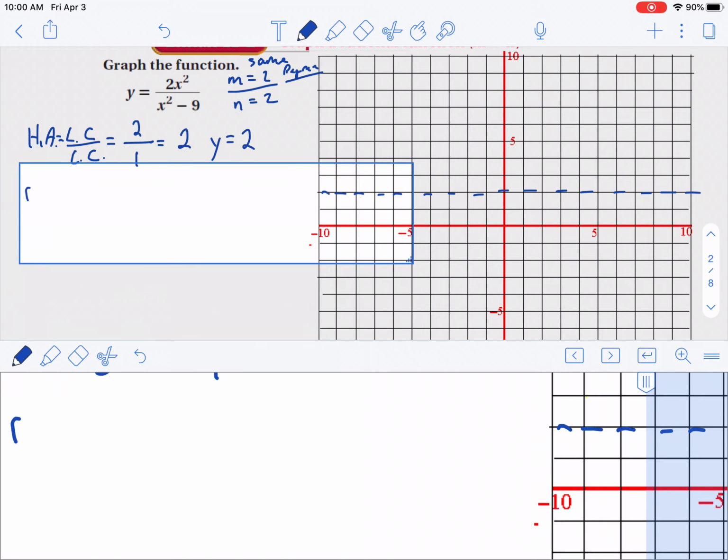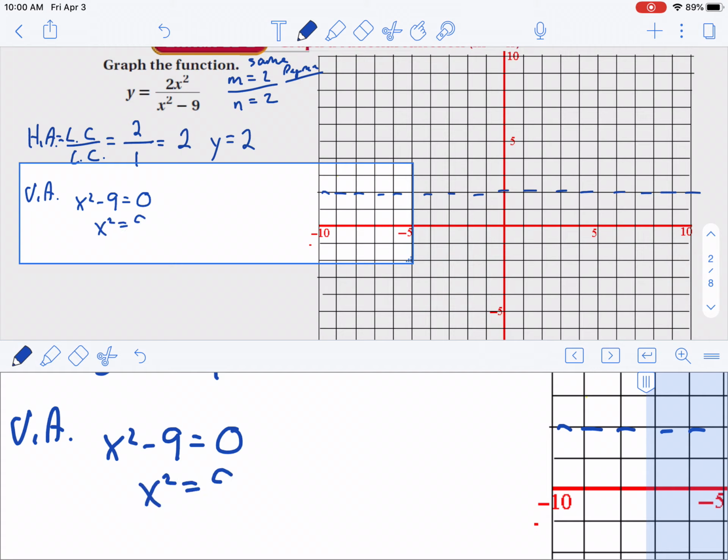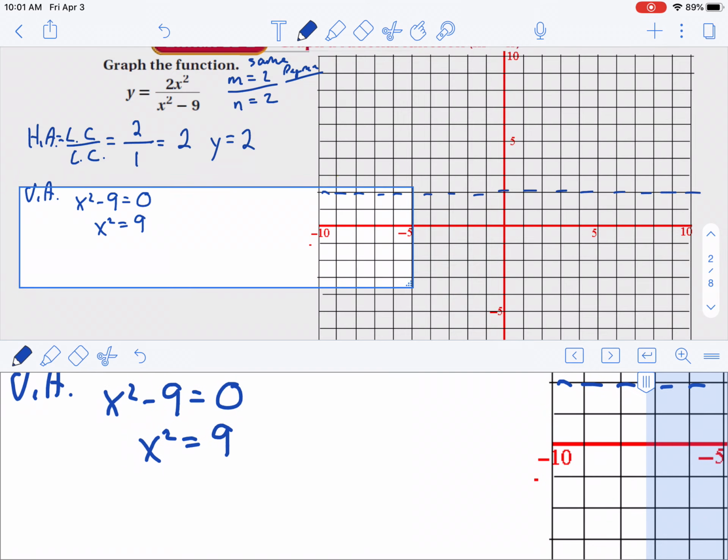Vertical asymptotes. This is where we set the denominator equal to 0. So I say x squared minus 9 equals 0. Then I solve that. I could factor x squared minus 9 to x plus 3 times x minus 3, or I could just say x squared is equal to 9 by adding 9 to both sides, and then take the square root. x is equal to positive or negative 3.